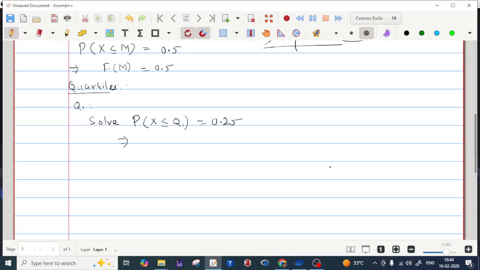Solve this, you will get the value of Q1. To obtain Q3, solve probability of X less than or equal to Q3 equals 0.75.